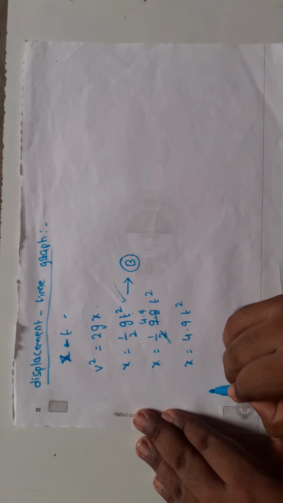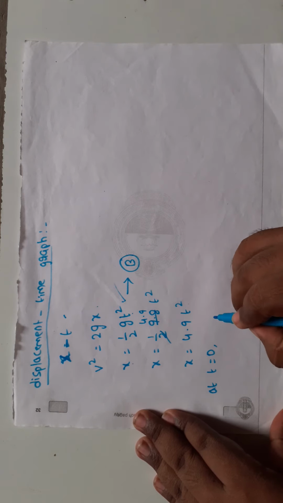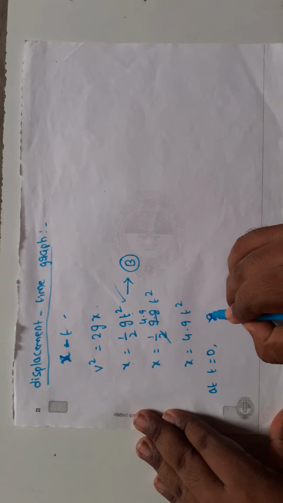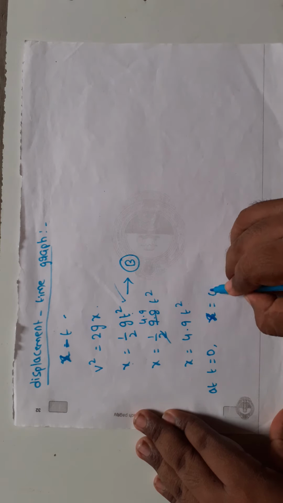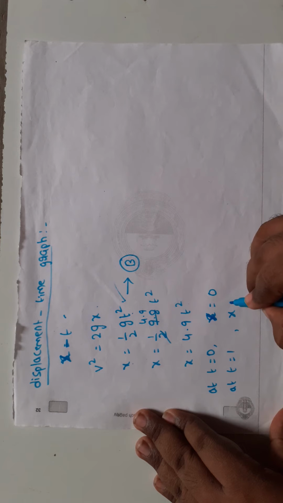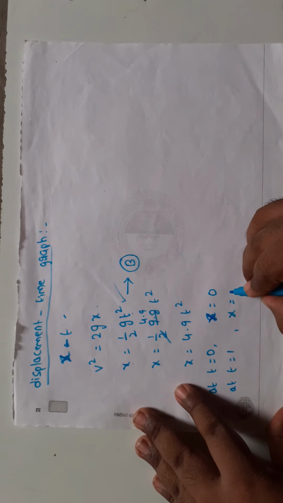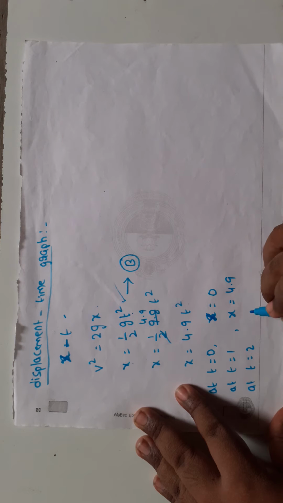So at time t equal to 0, x equal to 0. At time t equal to 1 second, displacement x equal to 4.9. At time t equal to 2 seconds, displacement x equal to 19.6.